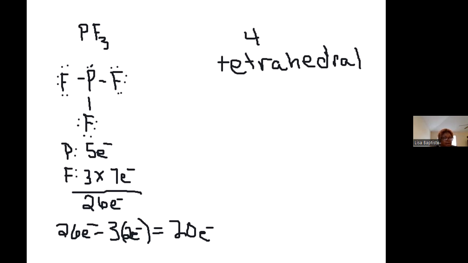For our molecular geometry now, it asks how many bonded atoms. So we only have 3 bonded atoms, all right? So bound to something else. So if we look on the chart, if we have 4 electron groups, 3 bonded atoms, then our molecular shape is trigonal pyramidal.